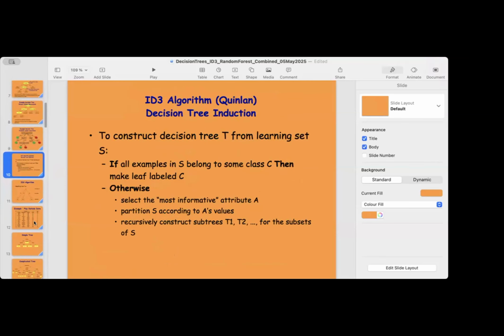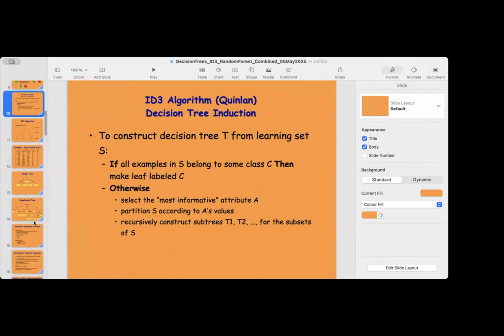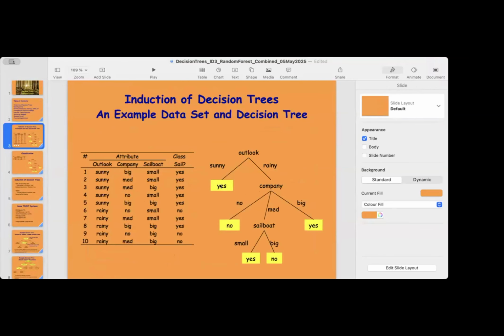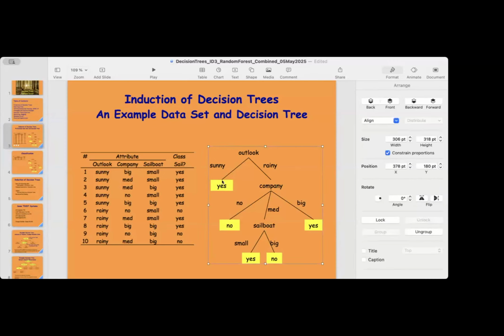So let's see how we're going to build this decision tree. The algorithm is the following: to construct the tree from the learning set, if all examples belong to the same class, then we make a leaf and label it C. Looking back at our sailing the boat data, if all examples belong to the same class, make a leaf. We have that situation on the left side where it's sunny.